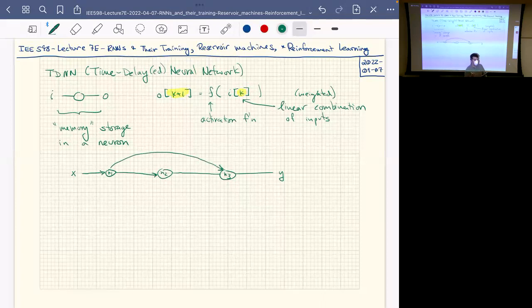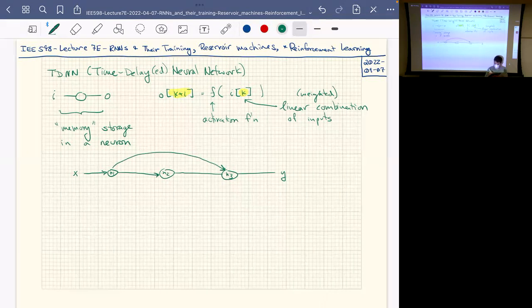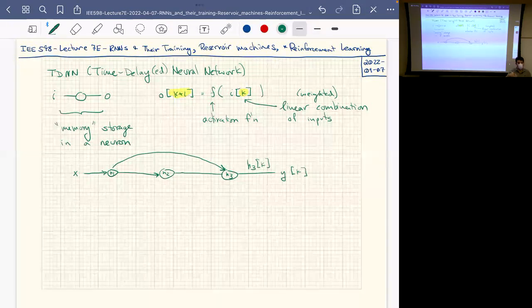The activation functions are set up so that if this is y of k, then we can call this H3 of k. H3 of k is going to be the delayed, passed version of whatever H2 of k minus 1 is. That's what this line is here.